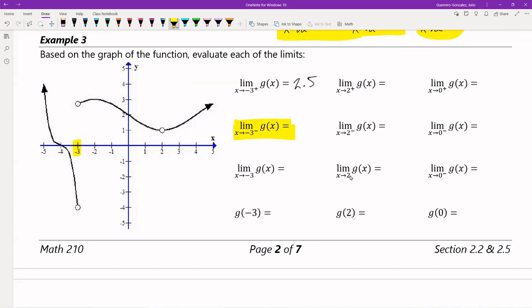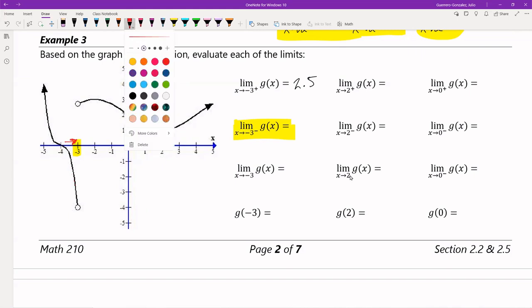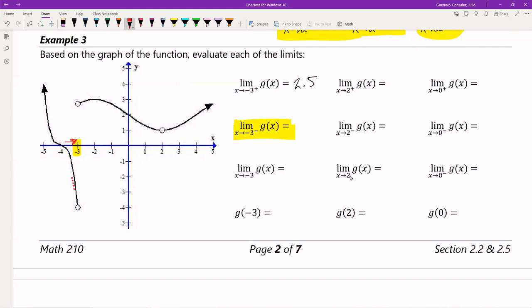The limit as x approaches -3 from the negative side. So now I'm still approaching -3, but now I'm doing it from the left-hand side, from the negative side. And if you do that, let me actually thicken up my dots for the red. You guys see those y values are getting closer to this right here, so this answer is actually going to be -4.